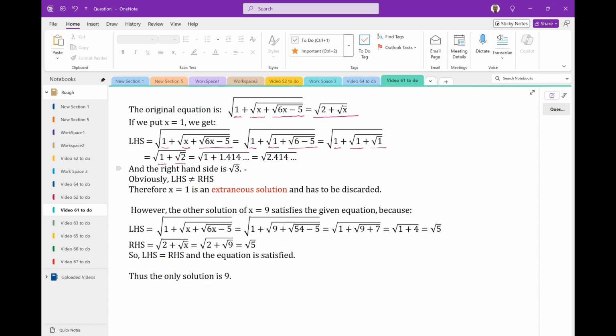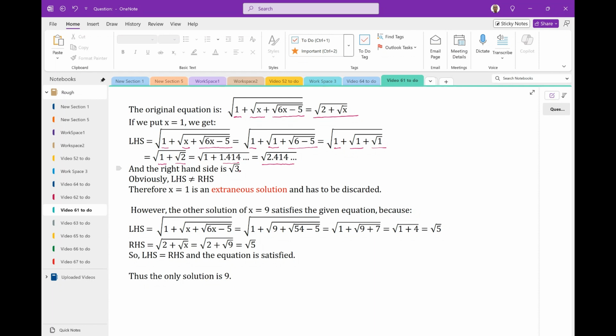We know that the square root of 2 is approximately 1.414. Therefore, the left-hand side becomes square root of 2.414.